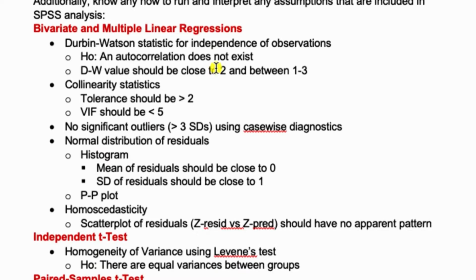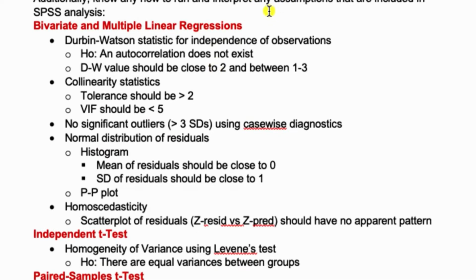And then additionally, I've added a list of the assumptions that are also included in the SPSS analysis. So for multiple and bivariate regressions, you also had to test for independence of observations using the Durbin-Watson statistic.